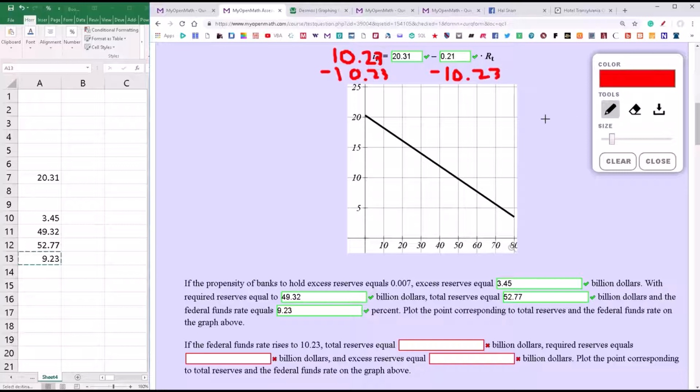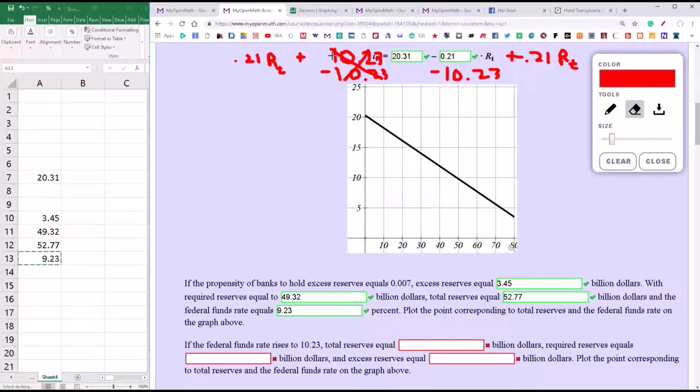And then I'm going to add 0.21 RT to both sides. Okay, this right here is just 0, right? That's 0, correct?